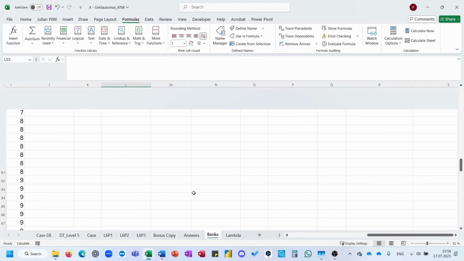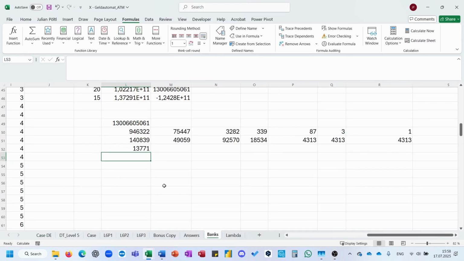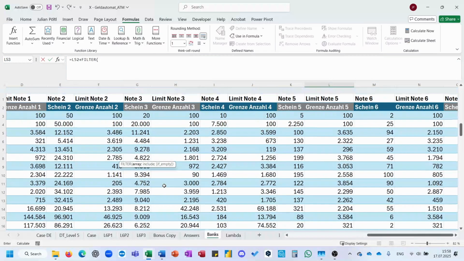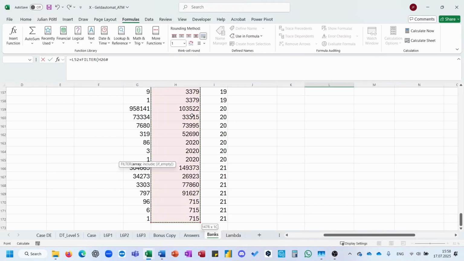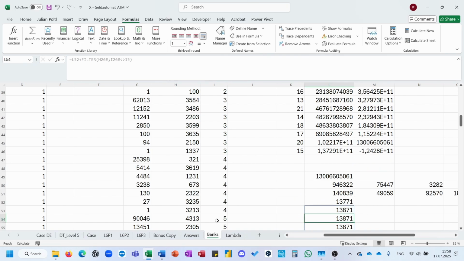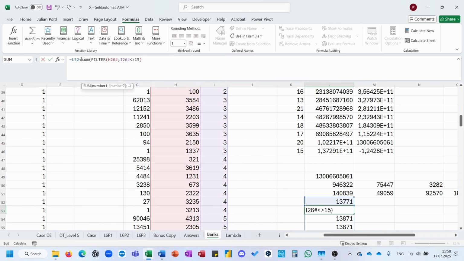So this is plus filter this if the bank is not 15. So we calculate shortly and then we hopefully get to the answer in an instant. Yeah, of course I need to sum this. Yeah, makes sense.